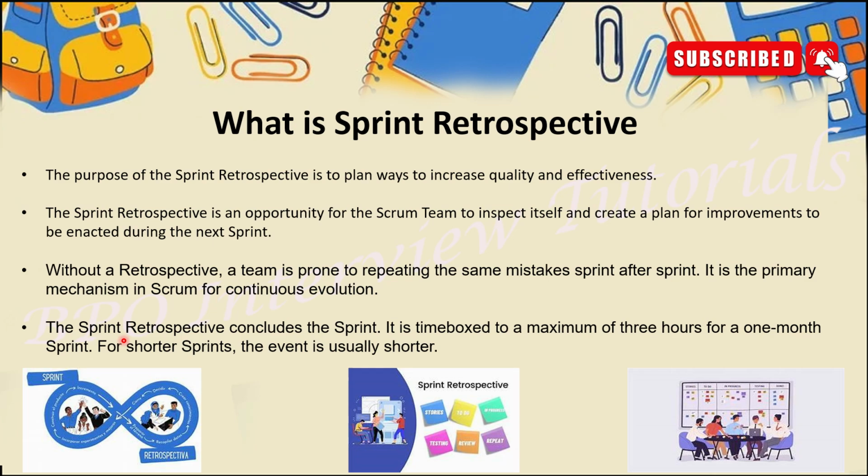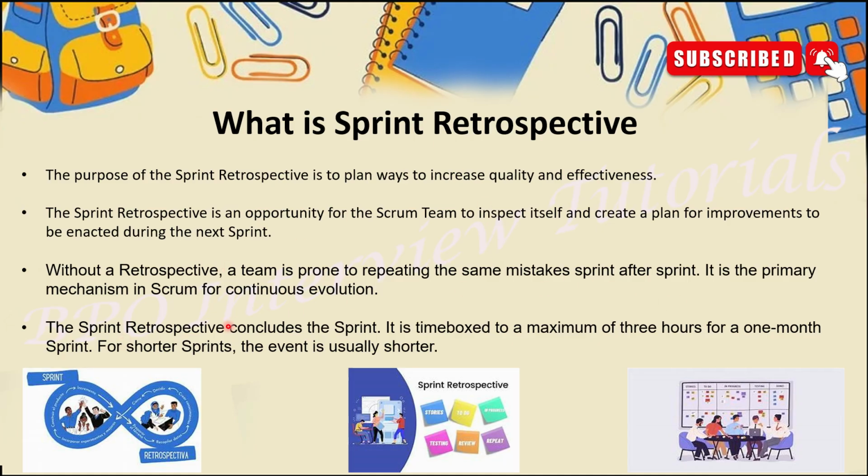So if we don't do this retrospective, definitely the team will repeat the same mistakes and we will be held up with the same doubts, same timing. It will also sometimes increase our cost. But if we do these retrospective meetings with all our team members, definitely we'll understand that these particular things we can avoid, and we can prepare all our solutions right away before the sprint review meet, right? So all this discussion will be done in the sprint retrospective.